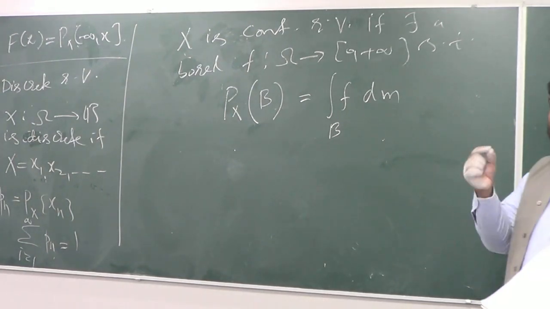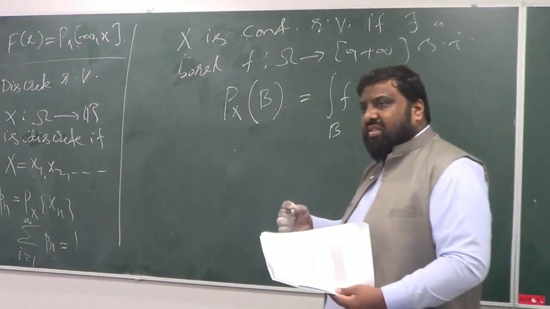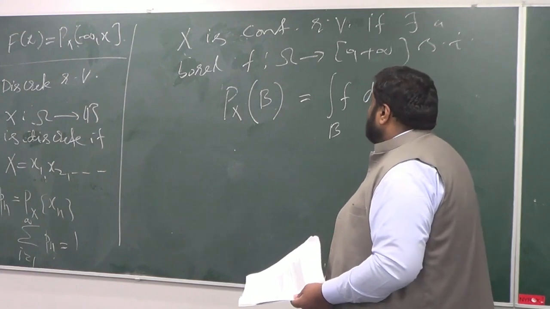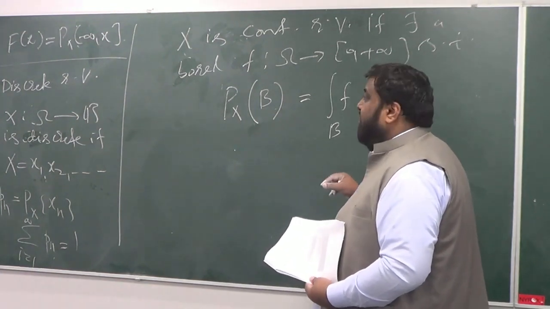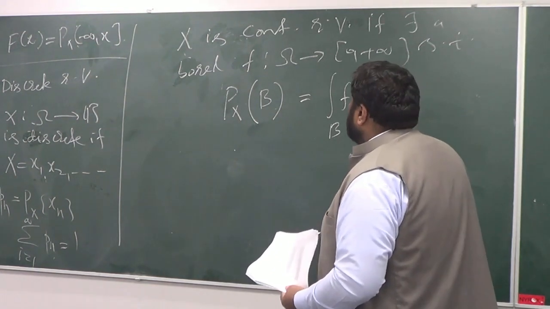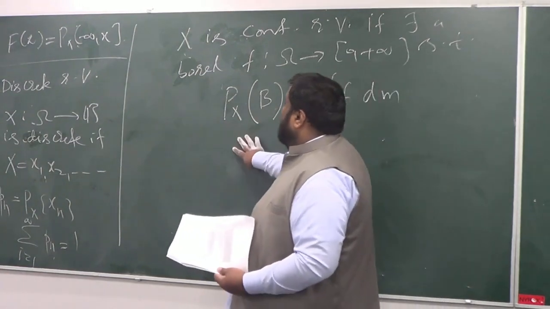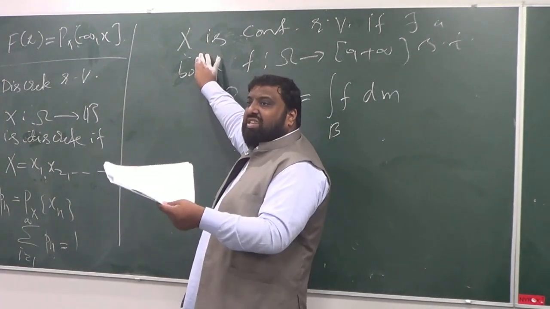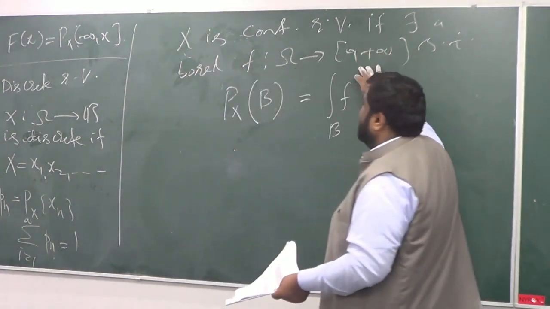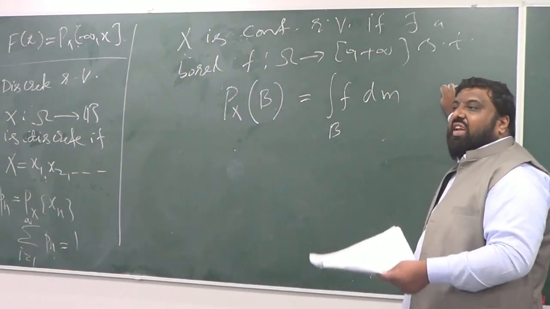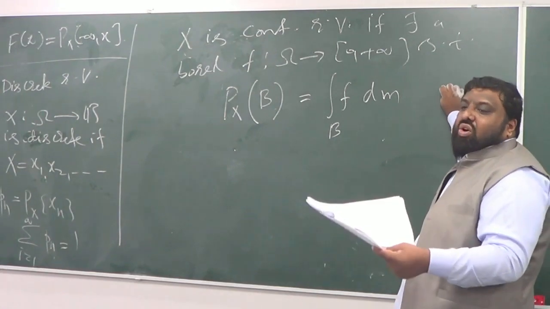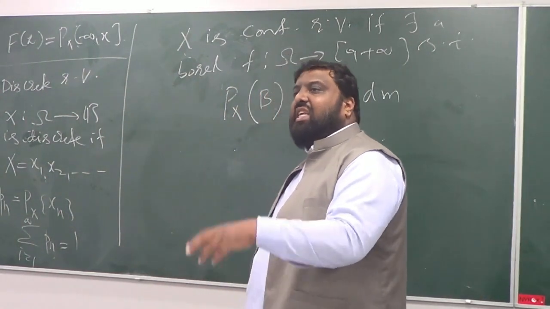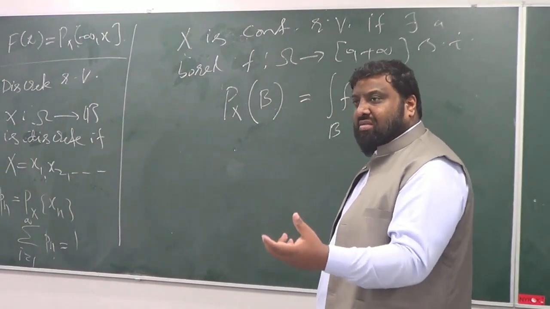There is a very subtle point here, and that is why I am emphasizing it. For a random variable, it's not necessary, as I said previously, that you can always find a function out of it. In other words, not all kinds of randomness can necessarily be quantified by a function.